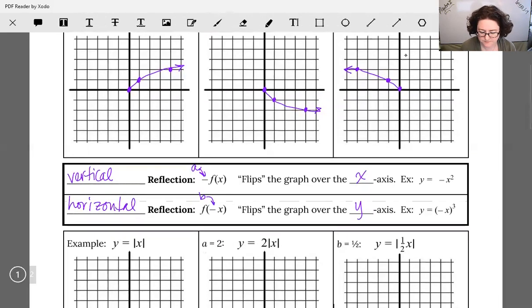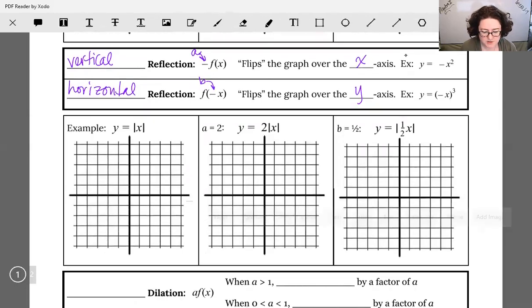Okay, here we go. So again, we're going to do this with our absolute value function. So again, same as the square root function, we had our main critical point 0, 0. And we go up 1 over 1. Because again, if you think about how you're plugging into the function, what's the absolute value of +1? Well, it's just 1. What's the absolute value of +2? It's just 2.